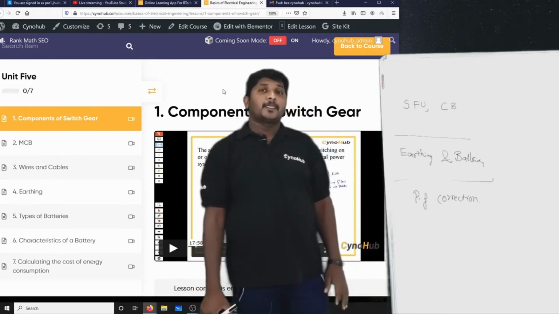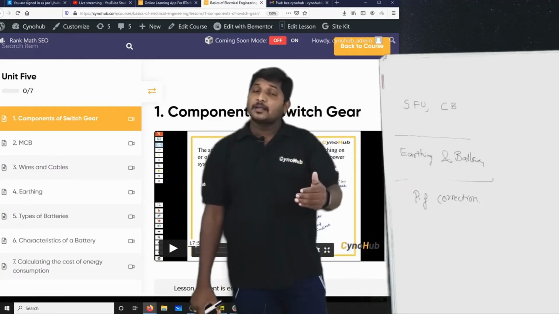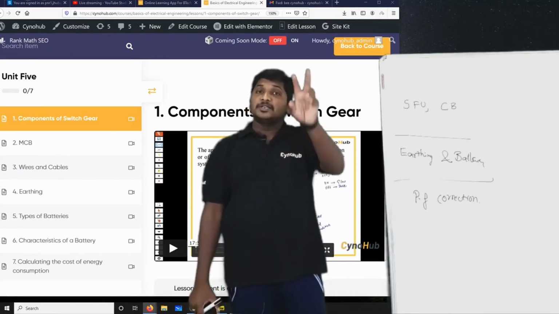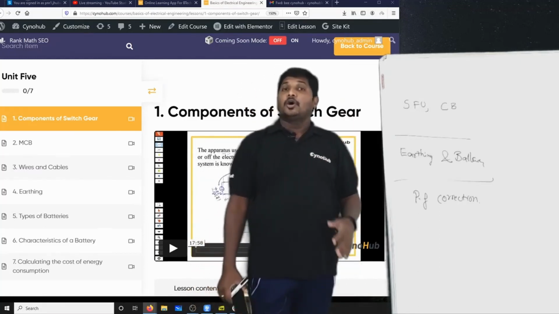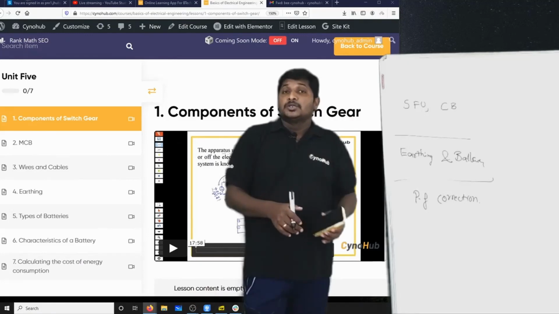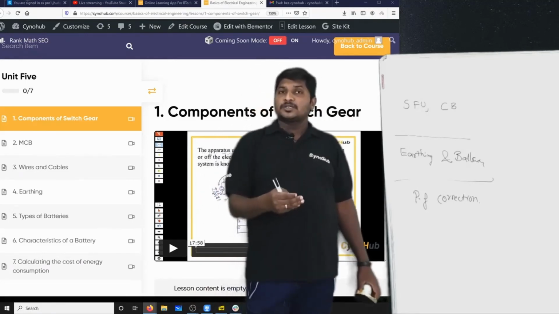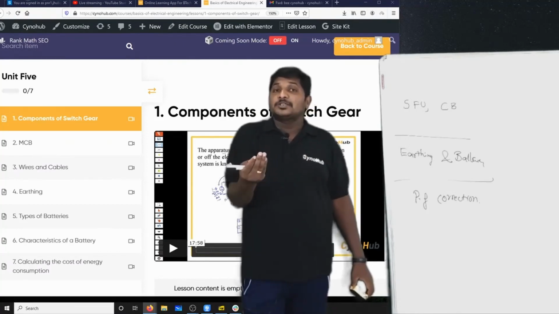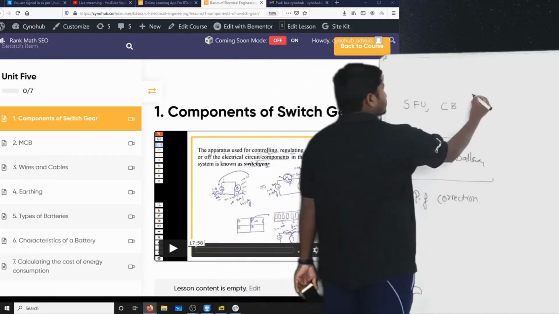And another model is compare earth leakage circuit breaker with miniature circuit breaker. You have to compare the 2 circuit breakers or the 3 circuit breakers, or they will ask another model. For example, what is earth leakage circuit breaker, and write its advantages and disadvantages. Okay. I will write model questions.